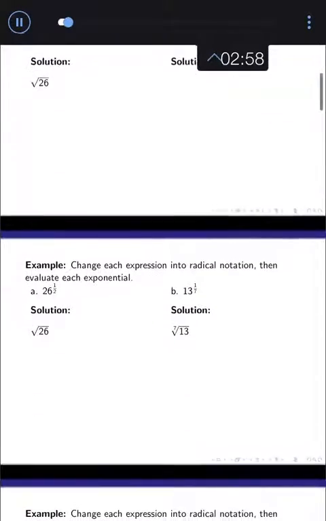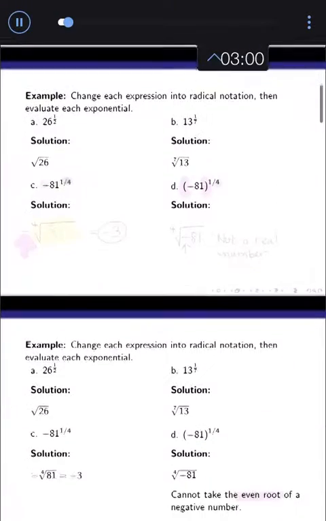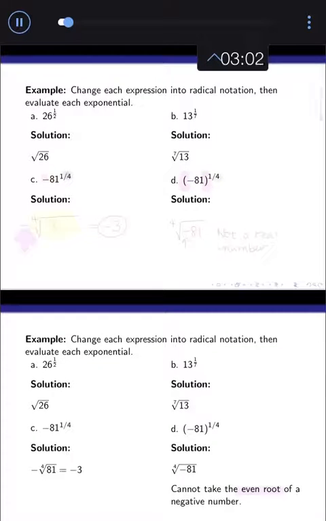Continuing right along, if we look at C and D here, notice they look very similar. Both of them look like we've got 81 to the 1/4 power. Notice, however, one has parentheses and one does not.